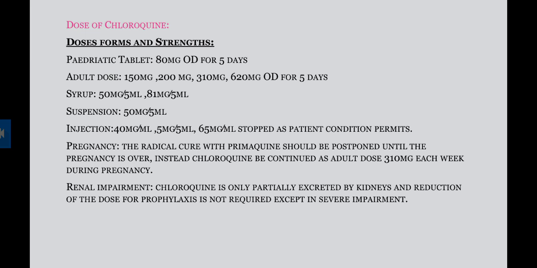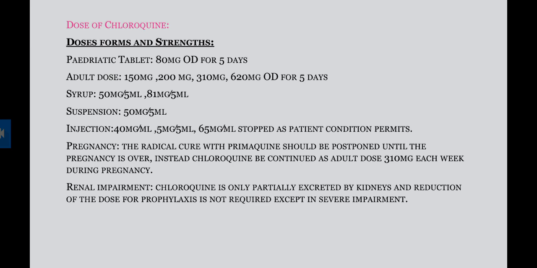Okay, what is the dose of chloroquine? Here are some doses, forms and strengths of chloroquine in pediatric and adult dosage, and use in pregnancy or renal impairment. As we can see, pediatric tablets are present in 80 mg, dose is OD for 5 days.